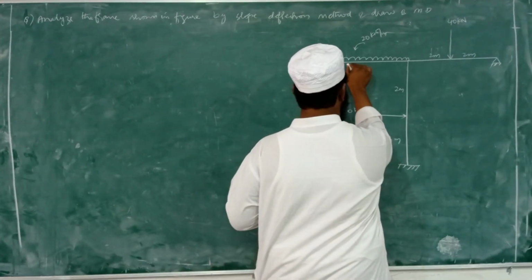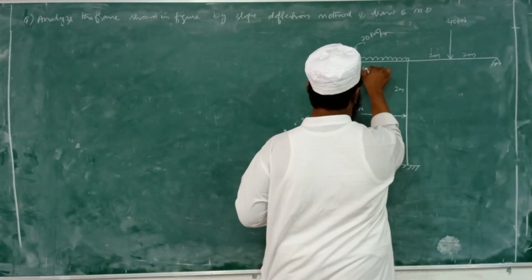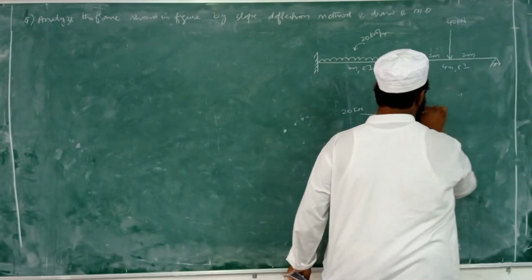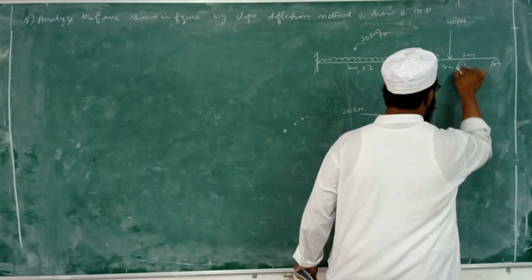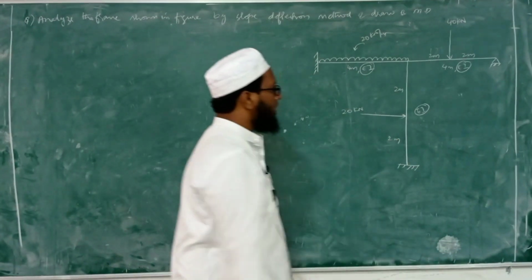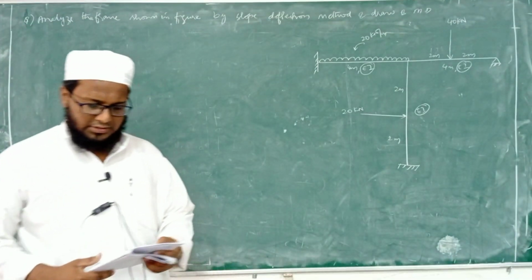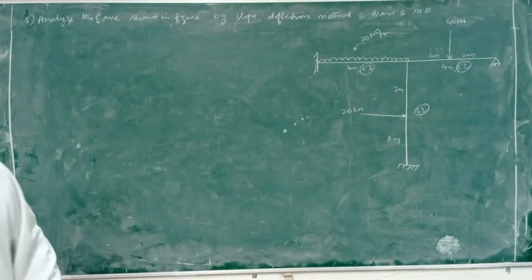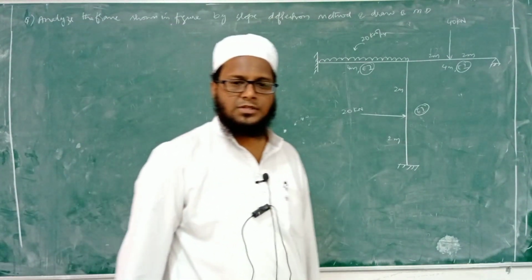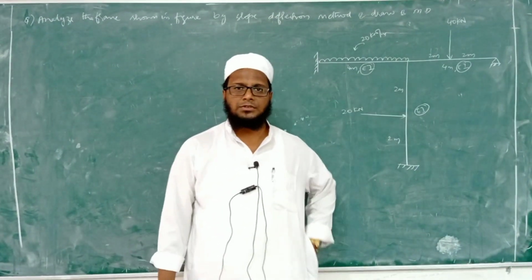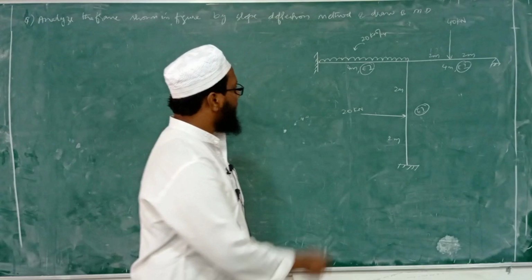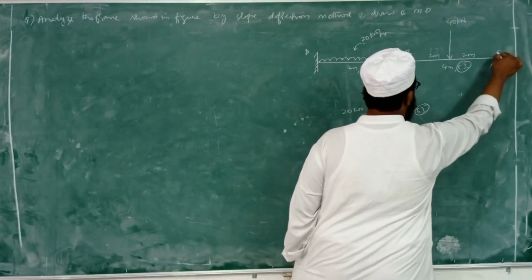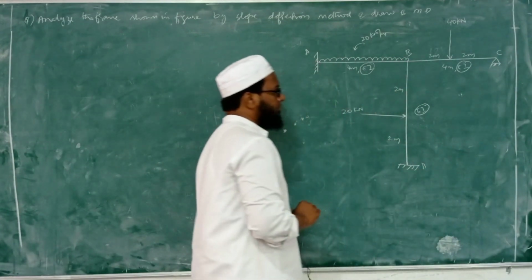And here also it is 4 meters, EI, and EI for all. This is what the question is, and we have to analyze this frame using slope deflection method. Okay. So we'll name this frame first, that is, we'll name this as A, B, C and D.